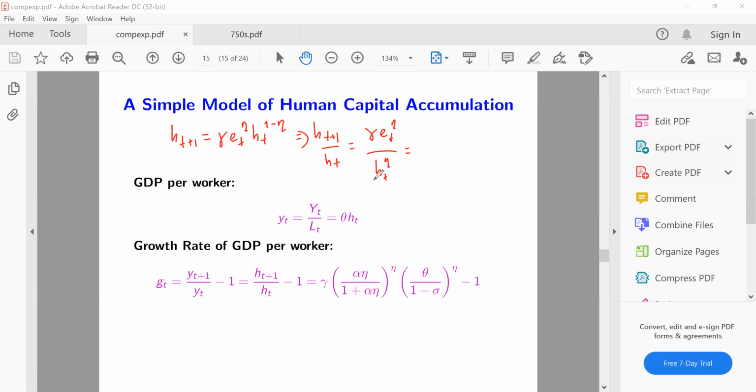Then the HT etas disappear because education depends on human capital as well. So eventually you get this, okay? And once again, subsidy is important for the growth rate, right? Because when the subsidy is getting larger, education spending is getting larger, and the growth rate of human capital is getting larger. Okay.